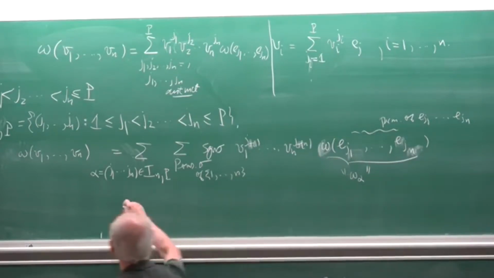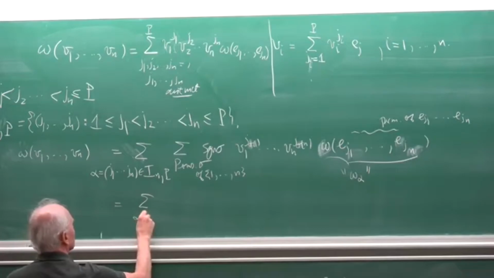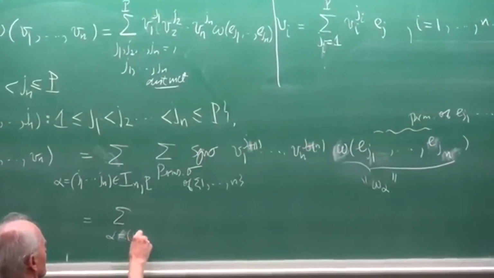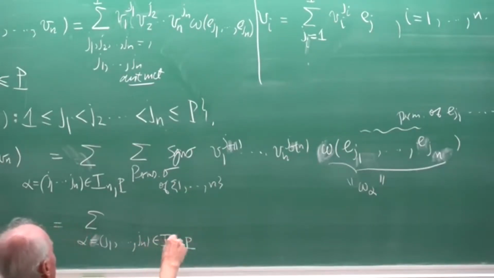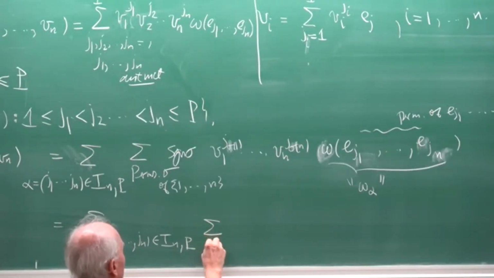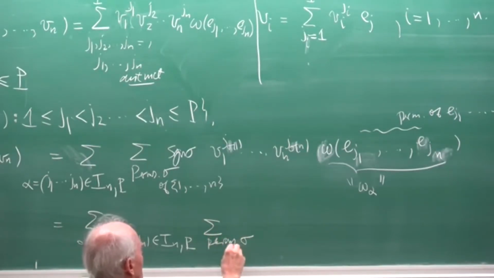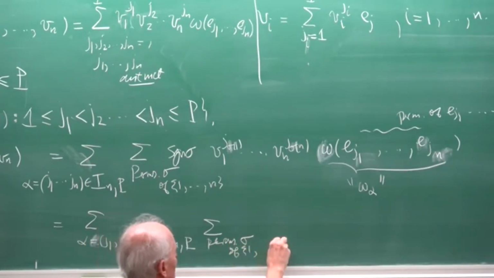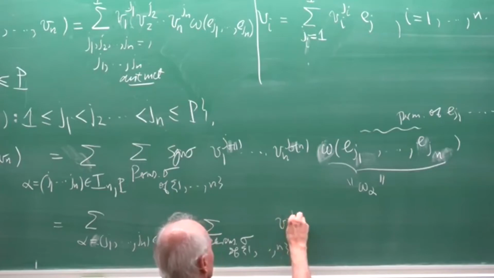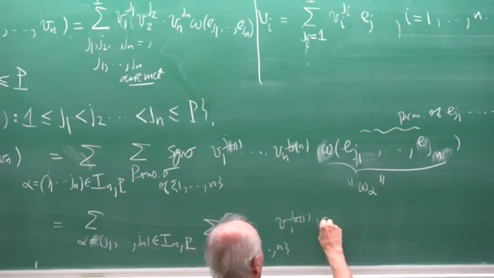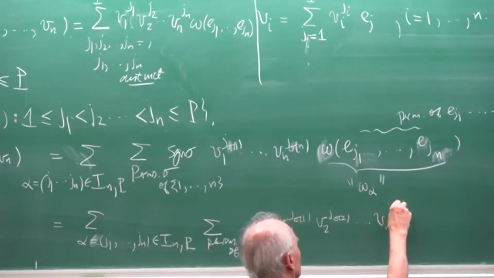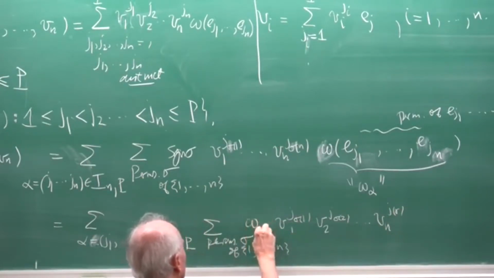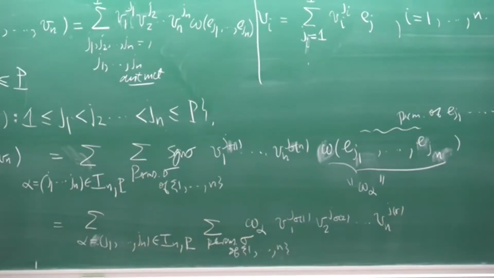So then this is the sum over alpha in I n p, sum over permutations sigma of 1 up to n, of sign of sigma times V1 j sigma 1, V2 j sigma 2, up to Vn j sigma n, times omega alpha. Omega alpha is the number omega E j1 up to E jn.